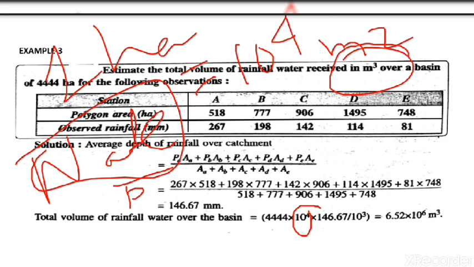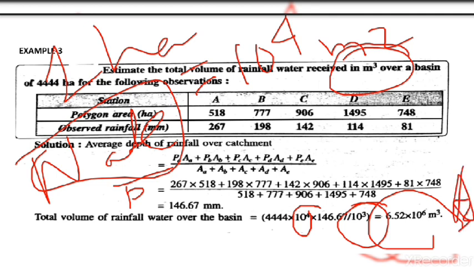Here we also have to convert mm into meters, so divide by 1000, because we know that 1 meter equals 1000 mm. My answer is 6.52 times 10 to the power 6 cubic meters.